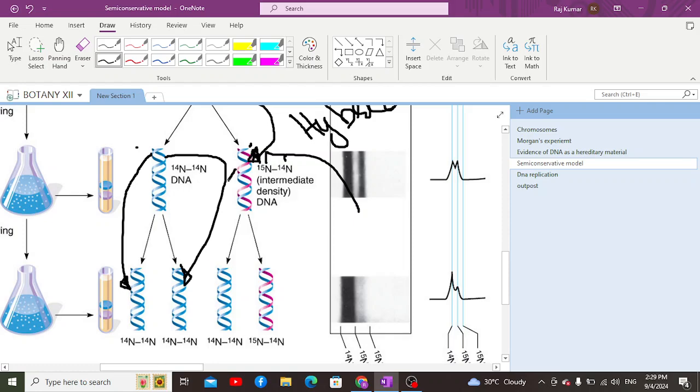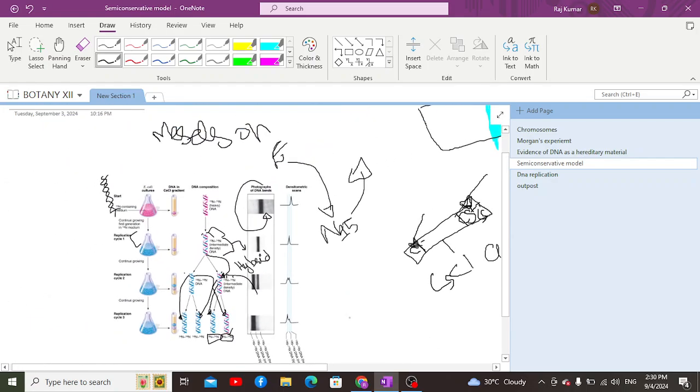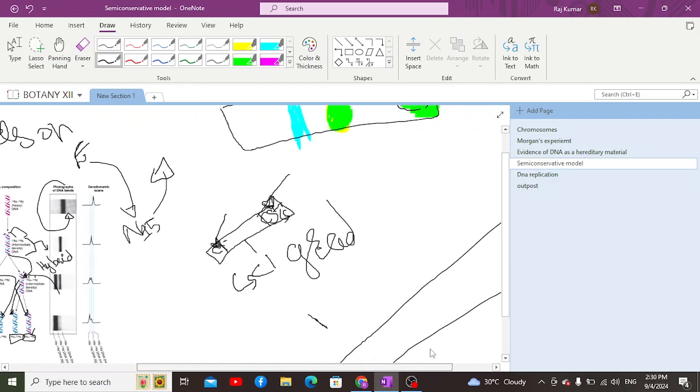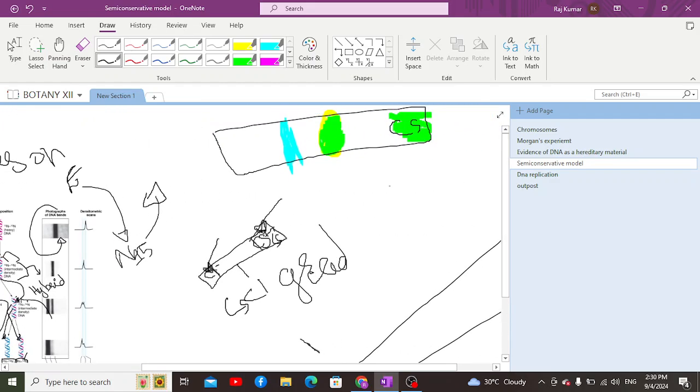The N15 strand of one parent strand formed another daughter strand of N14, forming one N15 to N14 DNA, which was the hybrid DNA molecule, and the other N14 strand, which was lightweight, worked as a template strand or the parent strand and formed a daughter strand which was also N14, due to which there were three lightweight N14 DNA molecules and one intermediate or hybrid DNA molecule, due to which what we observed here was that the centrifuge was further lightened.